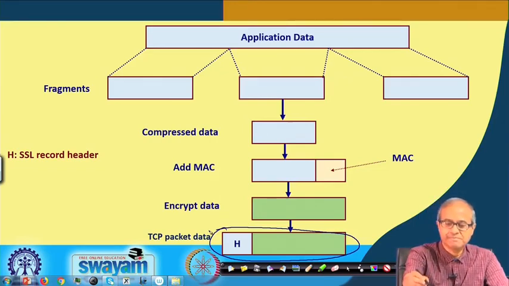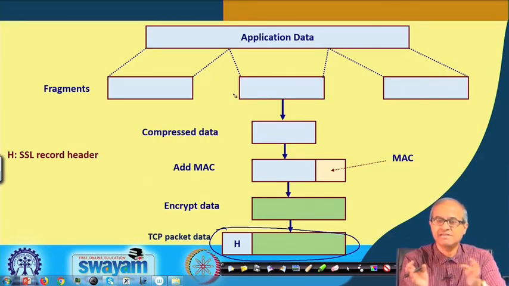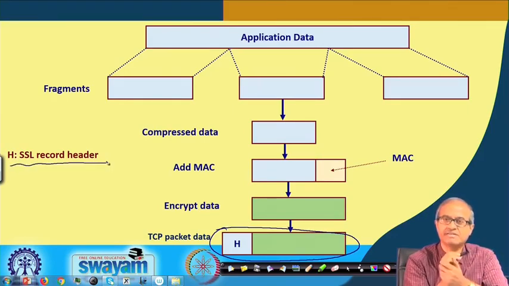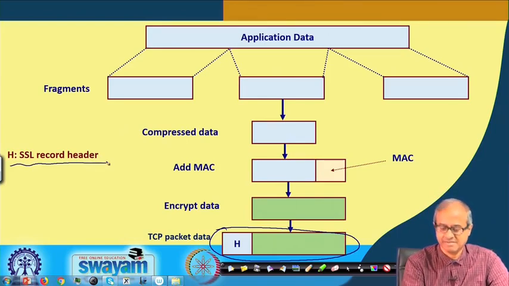It breaks up larger data into smaller chunks. First it compresses, then adds a message authentication code, encrypts the whole thing, then adds the header. H is the SSL record header. Then it gives it to TCP for delivery.